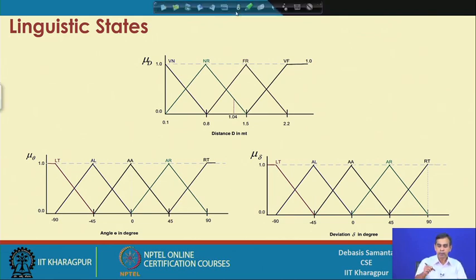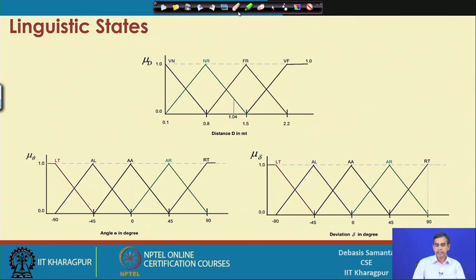For the input, we have discussed distance as four fuzzy linguistic states, namely very near, near, far and very far. And similarly, for the angular direction, we have considered five fuzzy linguistic states: left, ahead left, ahead, ahead right and right. So, we have to take the fuzzy input in terms of these fuzzy linguistic states.